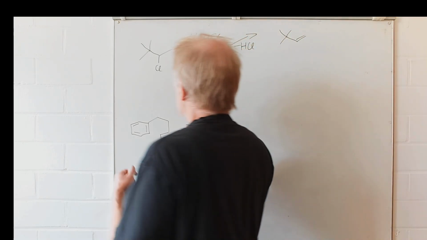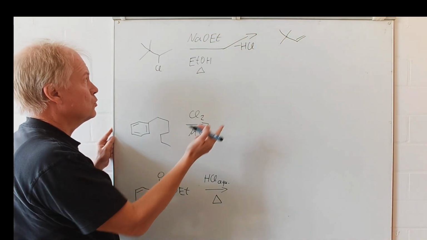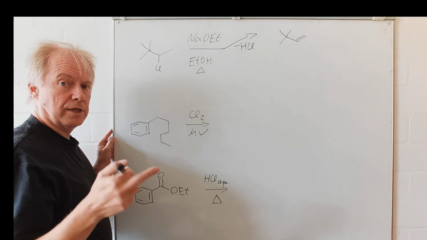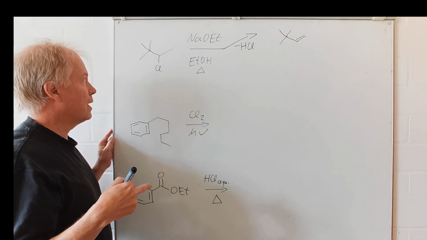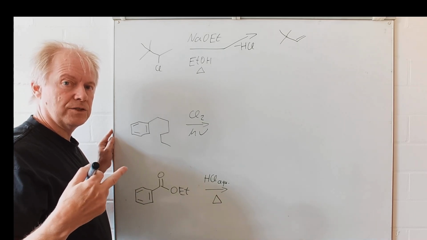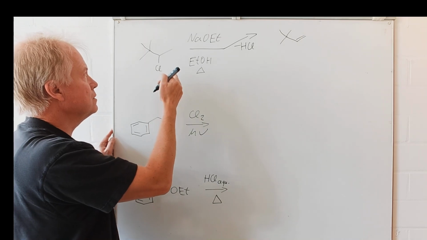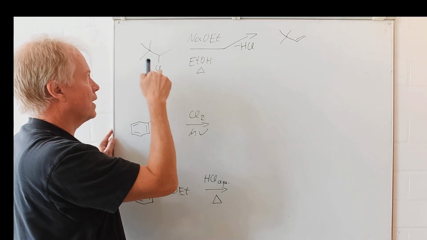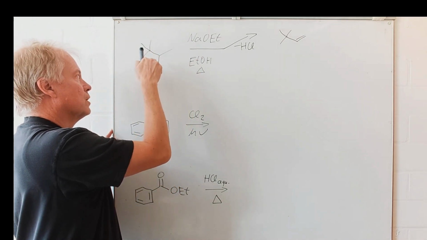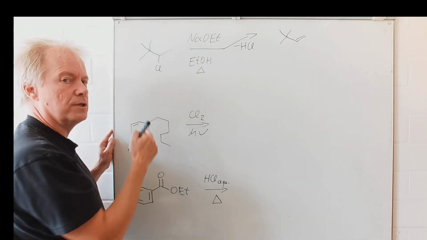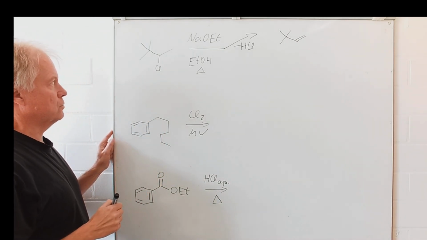Well, nucleophilic substitution can either take place by an SN1 or an SN2 process. SN2 process here means the nucleophile will approach while the leaving group will leave the molecule.